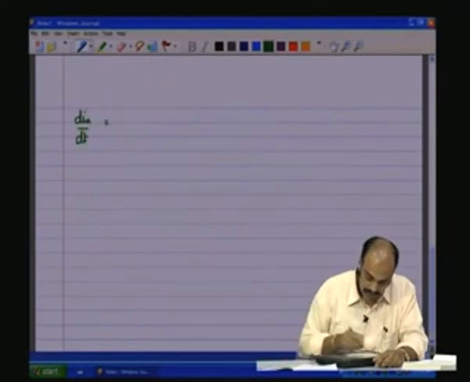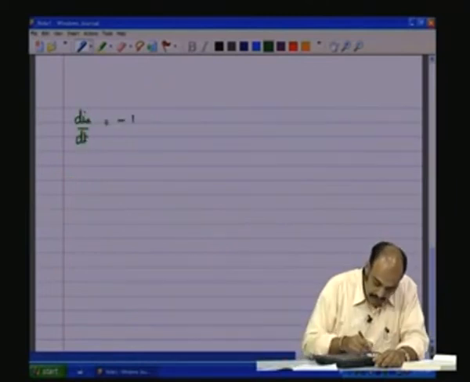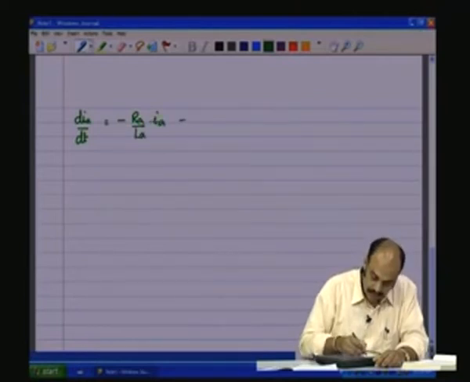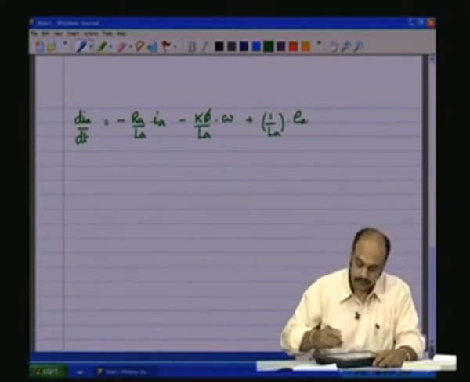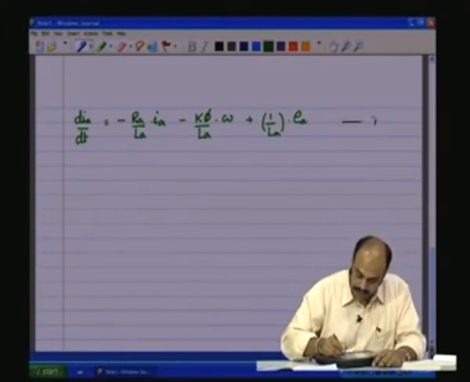I will rewrite it as minus R A by L A into I A minus K phi by L A into omega plus 1 by L A into E A. So, this is one equation.